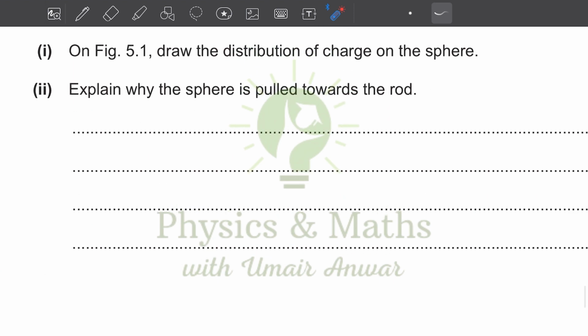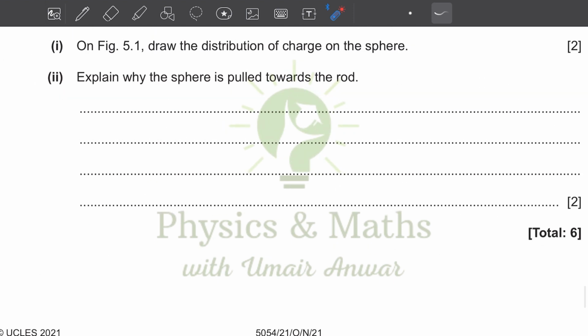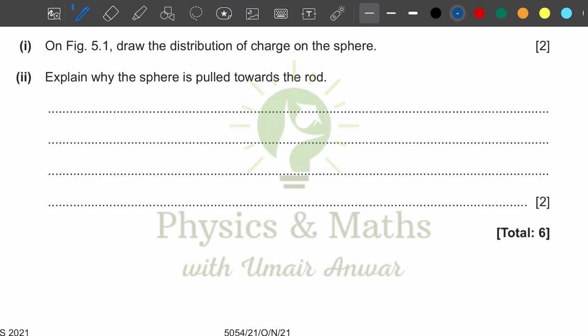The next part says explain why the sphere is pulled towards the rod. So the reason is because of electrostatic charges.